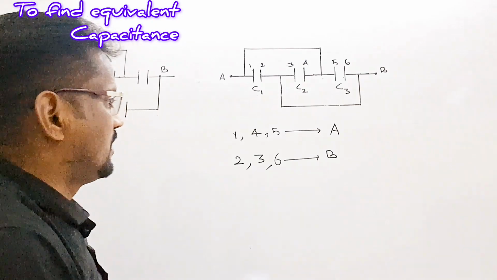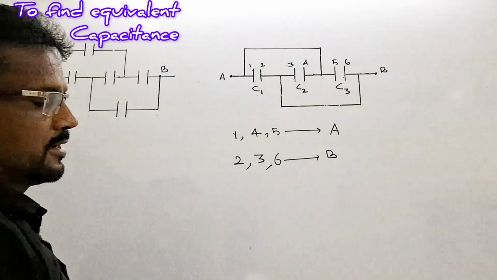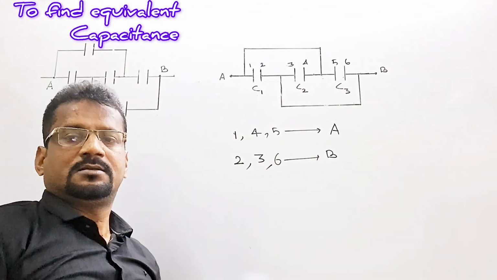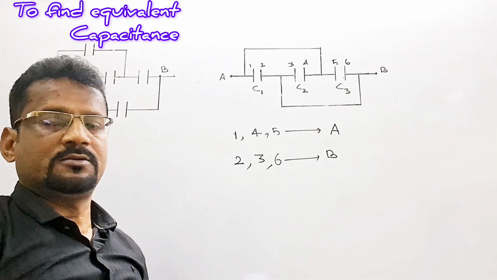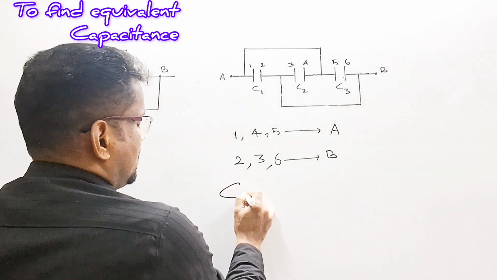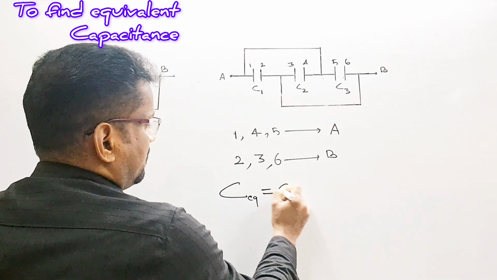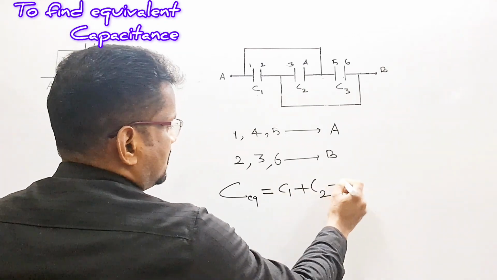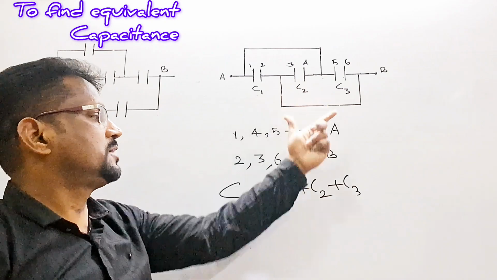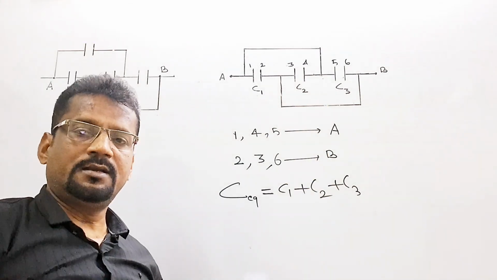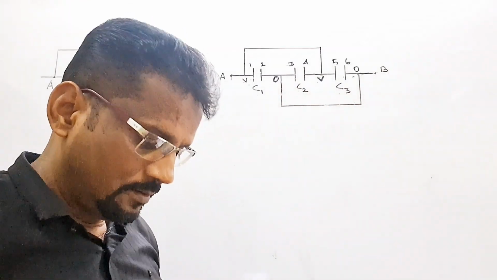It means they are in parallel connection. So C equivalent, directly you can write C1 plus C2 plus C3. And if numerical values are given, you will get the answer in numerical value.